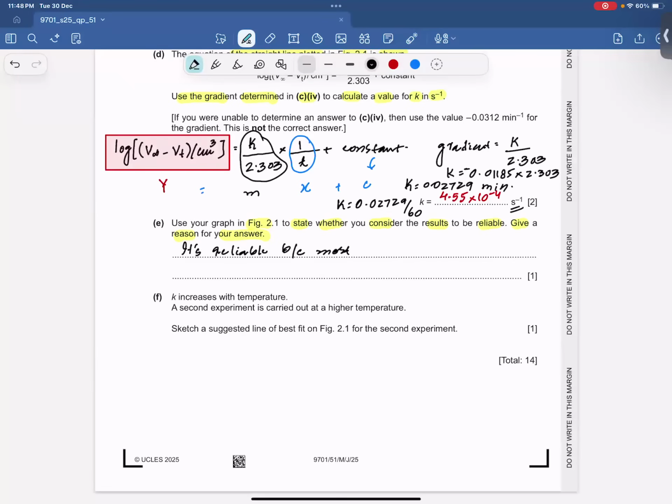It's reliable because most of the points lie on the line of best fit. Also, straight line shows it's first order.